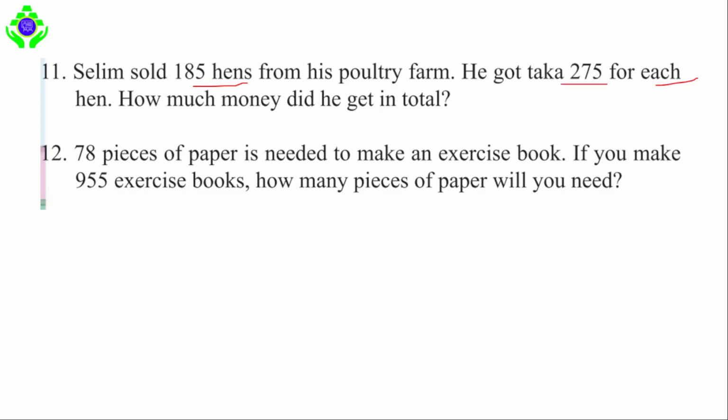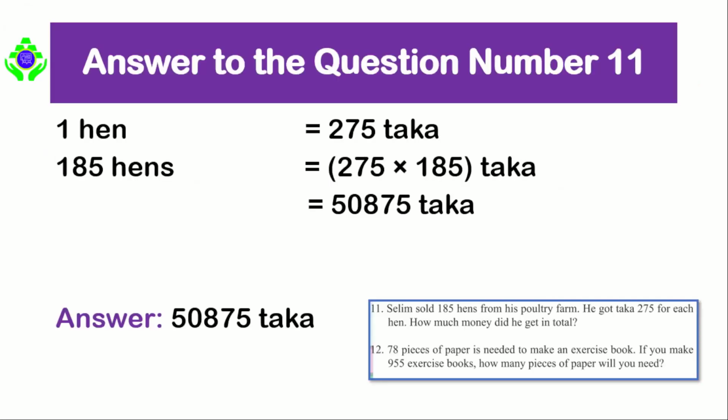So the point you need to focus on is that for one hen he got 275 taka. So for 185 hens, the total money will be increased. That's why I need to solve this question with the concept of multiplication. So how can I solve this? In the first line, I can write 1 hen is equal to 275 taka.